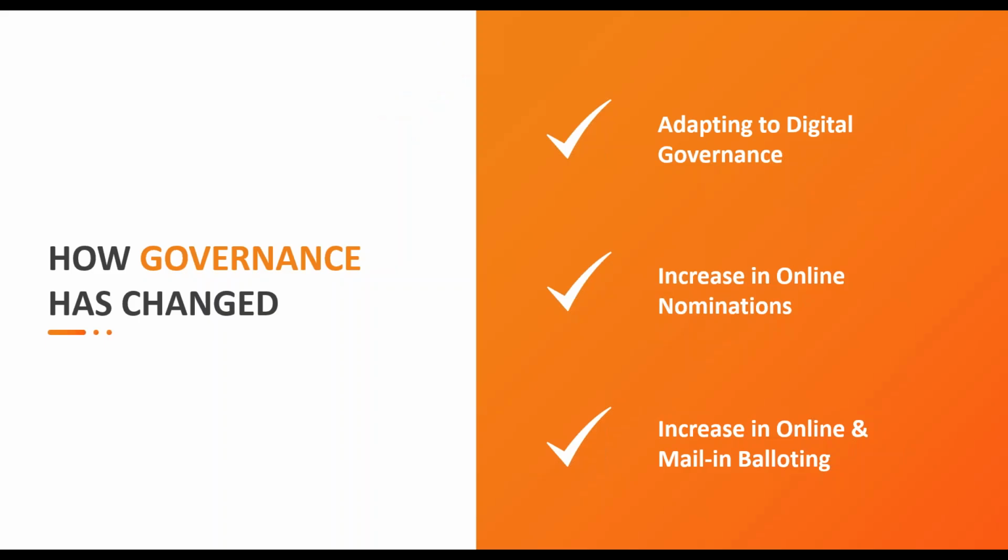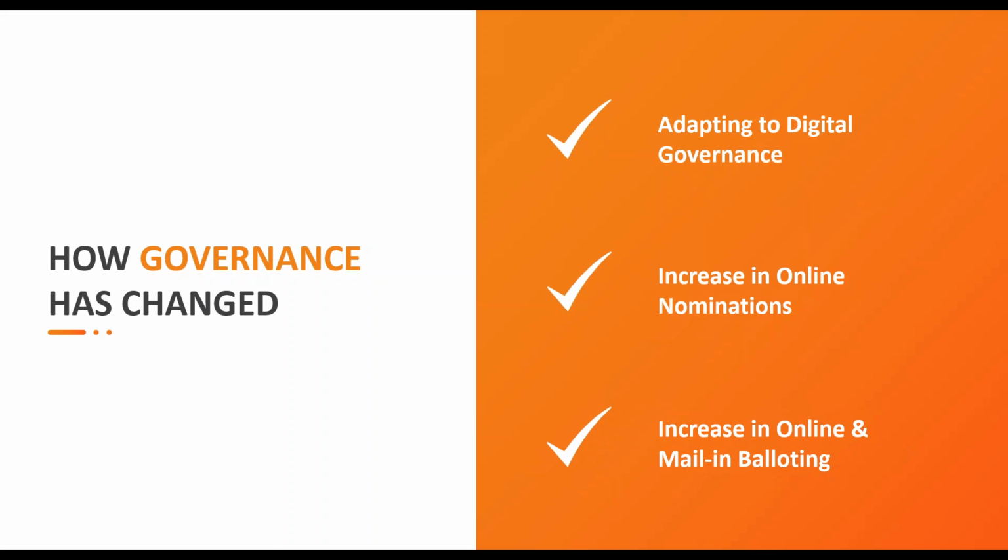We thought a good place to start with this presentation was to address, how has governance changed in the last 2 months? And to put it simply, it's changed a lot. Since mid-March, we've seen a lot of rapid change take place when it comes to member governance, and it really impacted your org differently depending on where you were in your governance cycle.